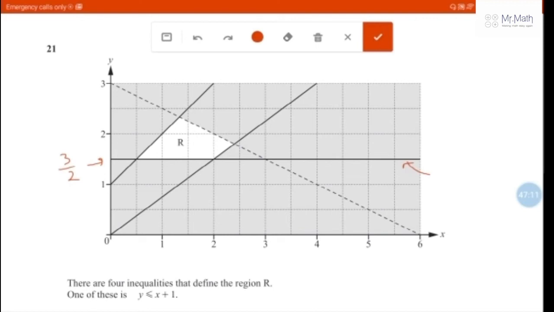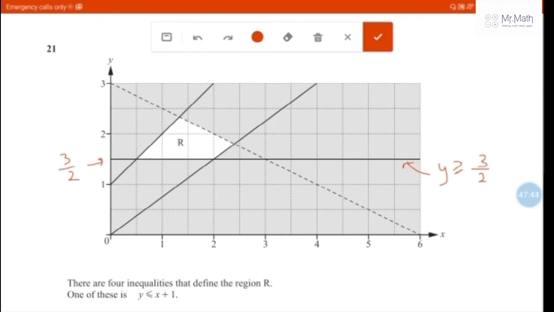But since my region R is above that line, y is greater than, and since the line is a solid line, it's greater than or equal. And why is it greater than? Because the region R is above my line. y equals 3 over 2, so it's y greater than or equal to 3 over 2. And the equal sign is there because the line is a solid line.